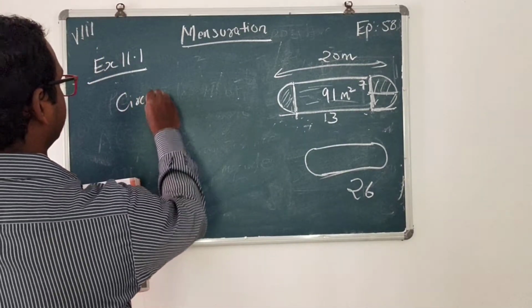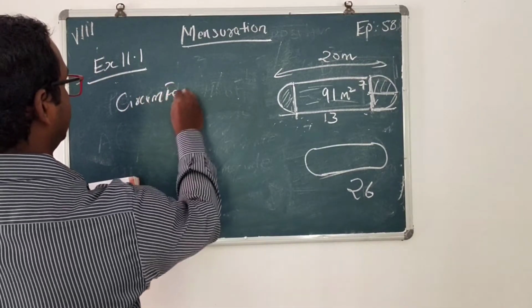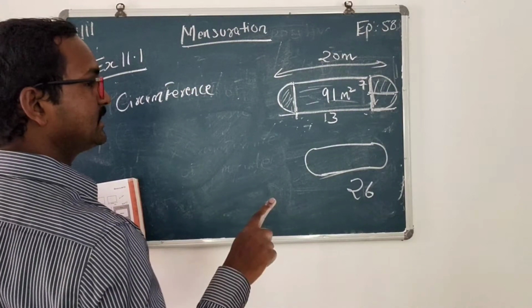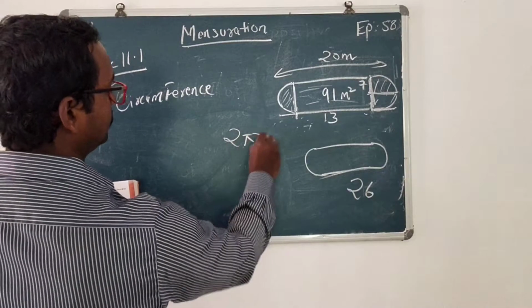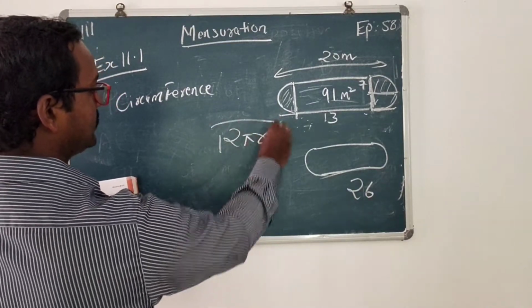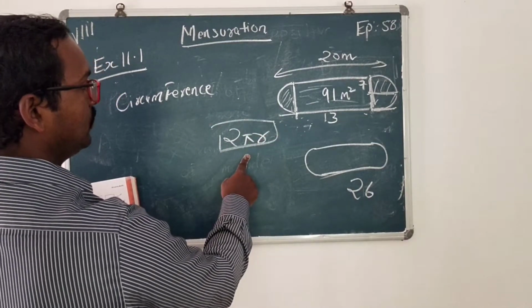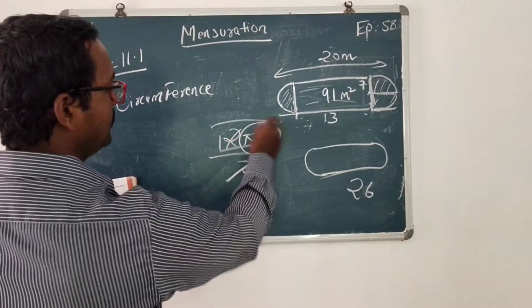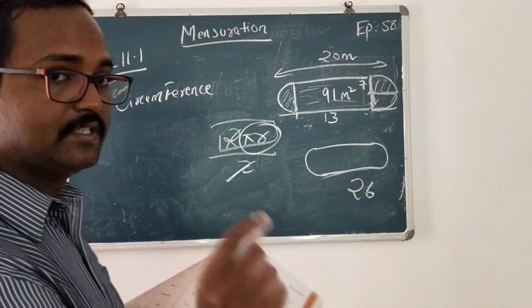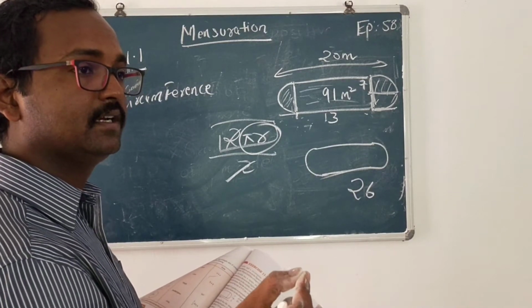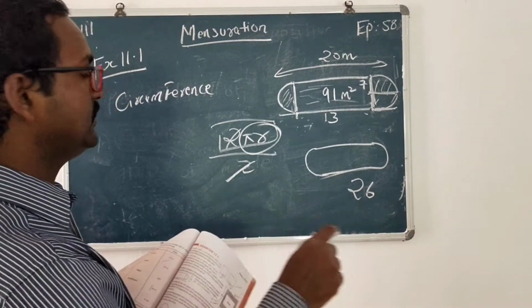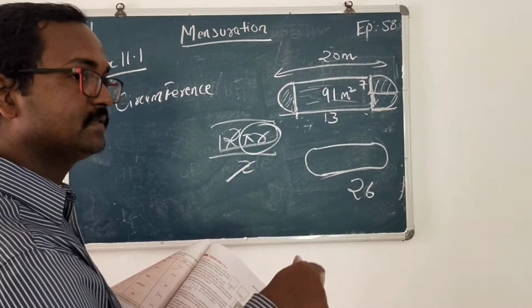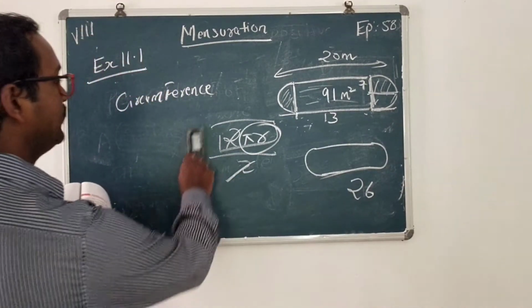Now let us find the circumference of a semicircle. Circumference of a circle is 2 pi r. So half of that is pi r. So the circumference of a semicircle is pi r, where circumference of a circle is 2 pi r and half of that is pi r.